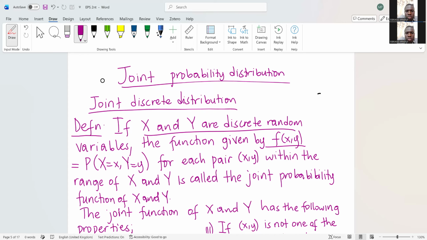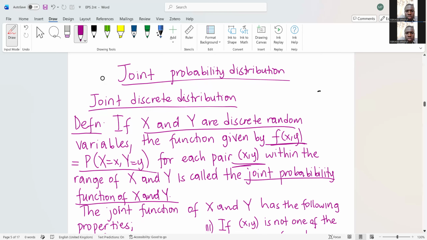It's like we are operating in R2. So f of x, y is the probability that X equals x, Y equals y for each pair of variables x and y within the range of x and y, and that is what we call the joint probability function of x and y.